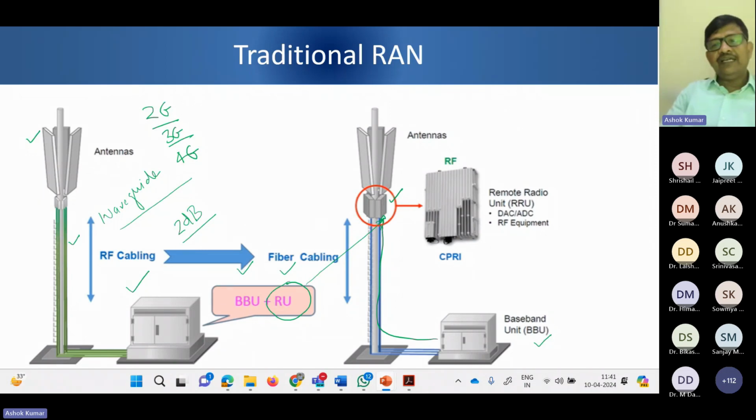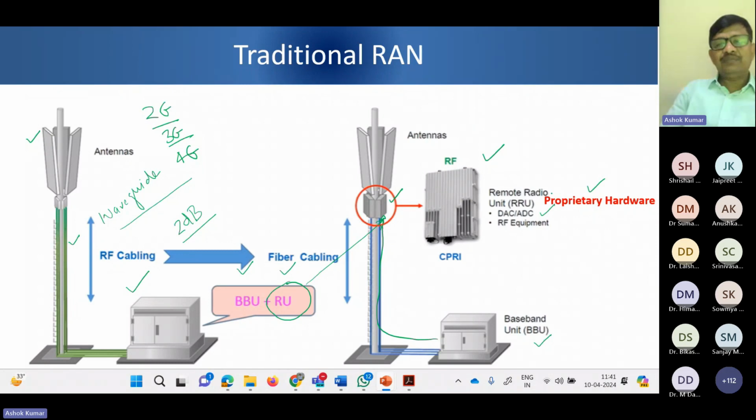Whatever we have on the top is nothing but the RF part, and as you know, digital to analog and analog to digital conversion is done at the RF level. Looking at the interfaces and hardware, the RU hardware traditionally used to be proprietary.